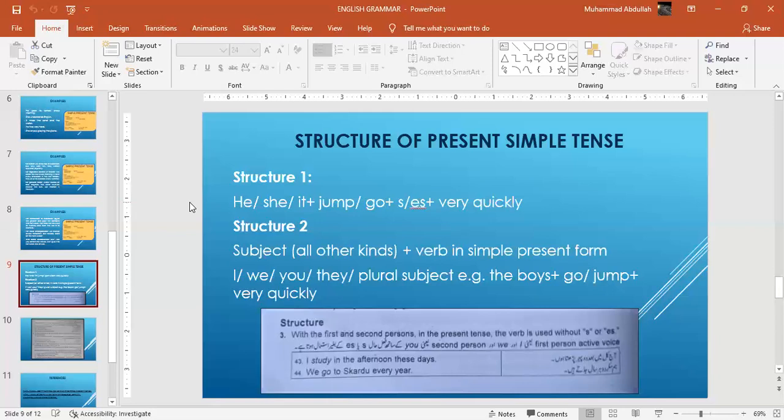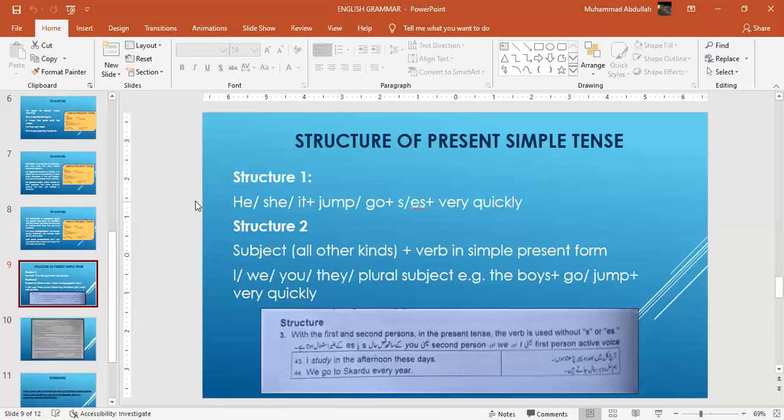Chosen according to or dependent on their subject. For example, if we have subjects he, she, it, the second category, we will use jumps and goes. But if we have I, we, you, they, or any plural subject like students, like girls, what we are going to do, we will use first form of the verb, not the S form of the verb. So a good knowledge of all these forms of verb is necessary.